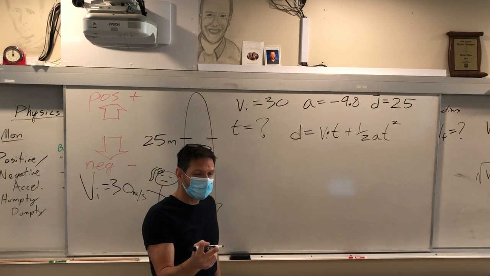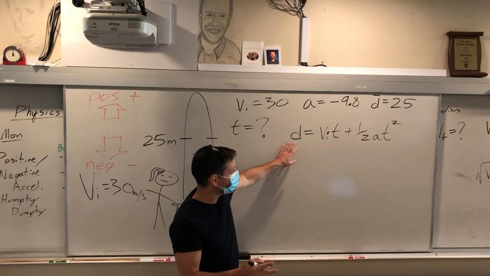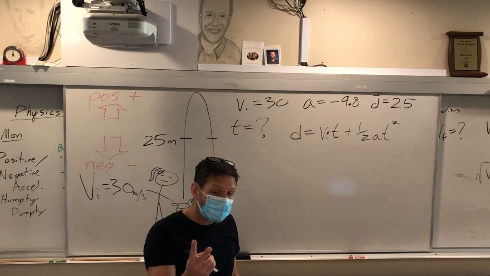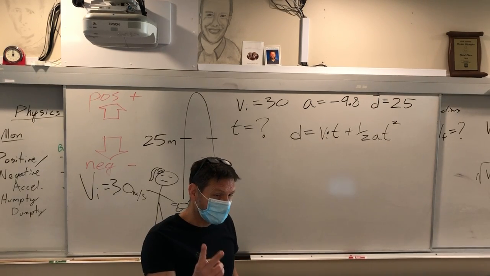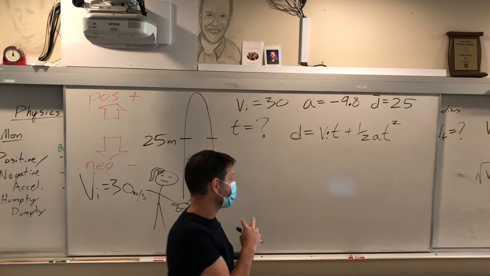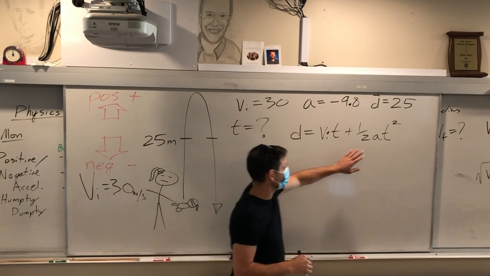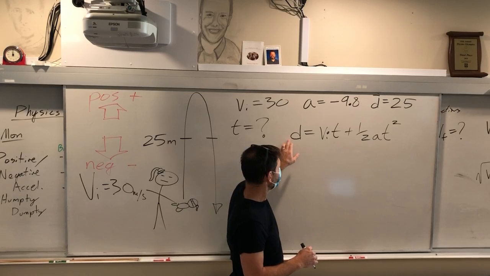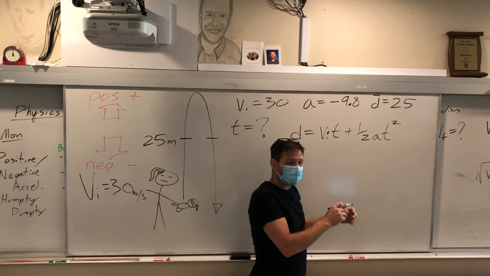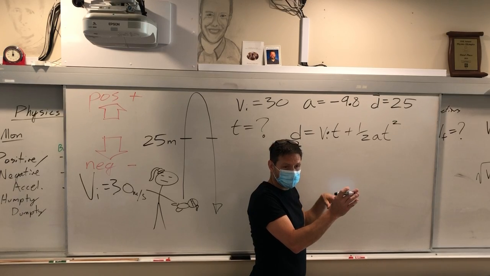We can do this in one of two ways. You can use the quadratic formula, and you can solve for time, which will give you two different numbers, remember, right? And those two different numbers will be the two different times. If you know how to do the quadratic, you put this first and this second and this last, so you have to subtract the D over here and set equal to 0. And you can put it in your calculator, or you can write out the quadratic, and you can do it that way.